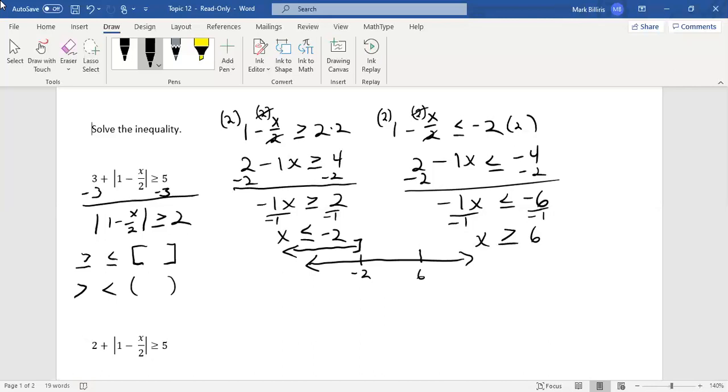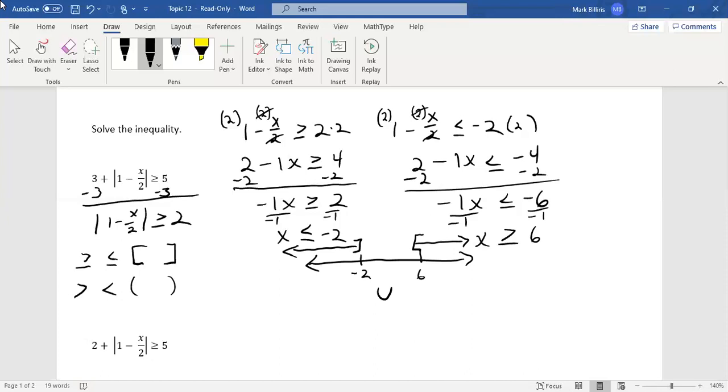For my second inequality, my endpoint is 6. Those values that are greater than or equal to 6, equal to means at 6 would be a bracket. Those values that are greater than go to the right. Now I have two intervals, so I use a union sign in between, indicating my answers are either in the first interval or in the second.